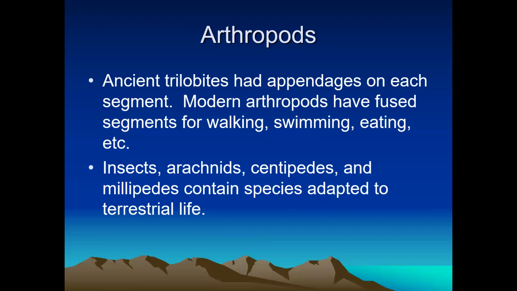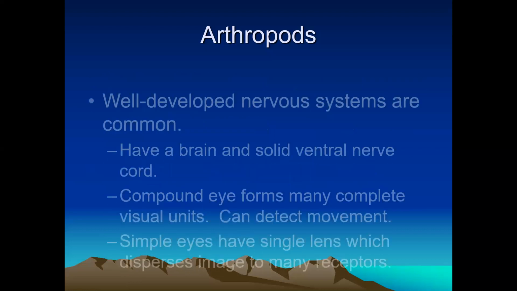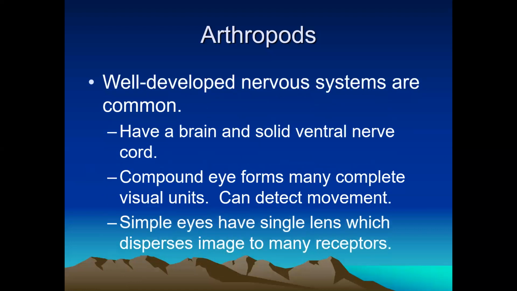So we have arthropods that are marine, the trilobites were marine, but modern day ones include land species, terrestrial species. We have a nervous system with a brain, a solid ventral nerve cord, and compound eyes and simple eyes, two types of eyes.